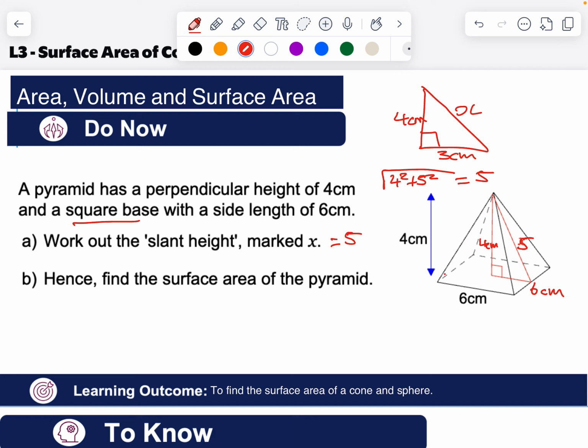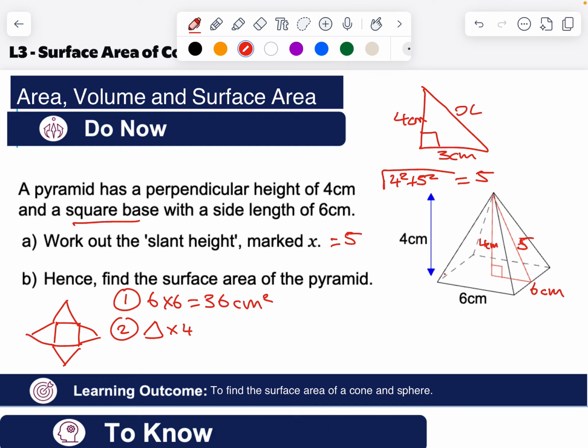Right, and then it says find out the surface area. If you think about what the surface area means, it's going to be the square, and then the 4 triangles. So 1, the square is just 6 times 6, which is 36 centimetres squared. Number 2, you do a triangle and then times it by 4.